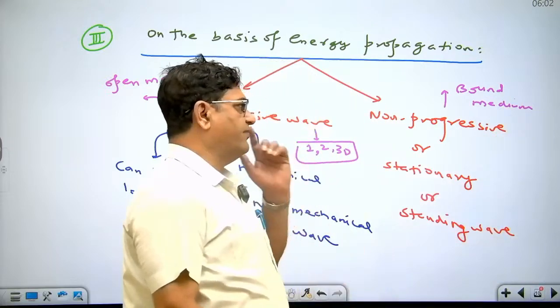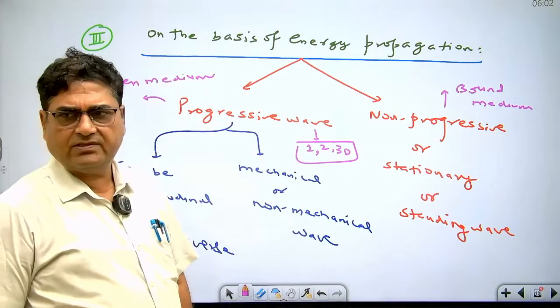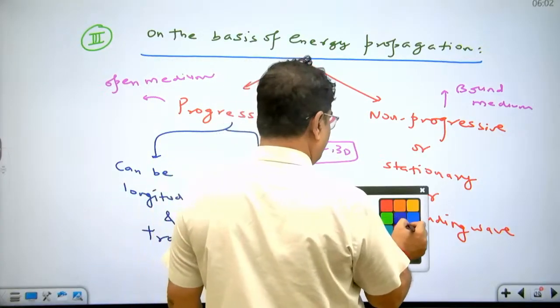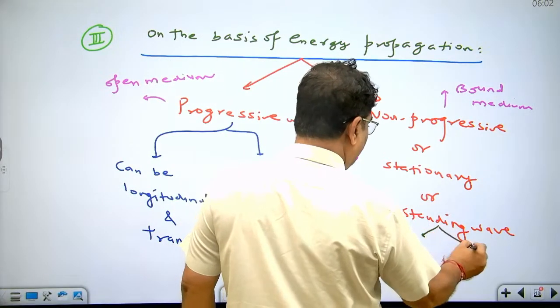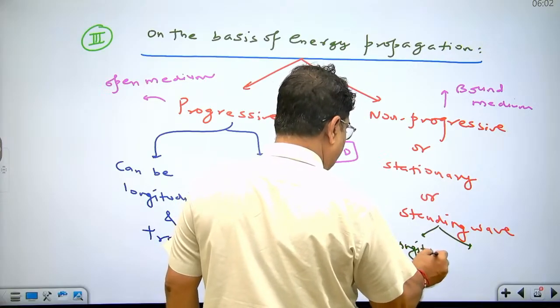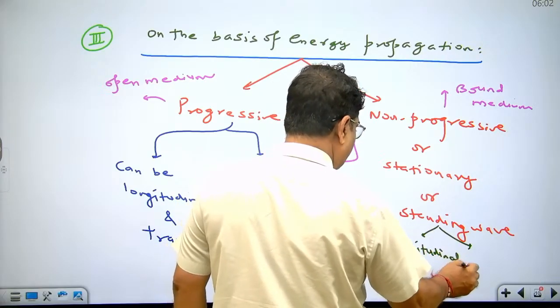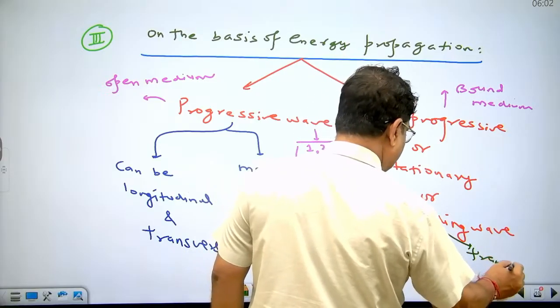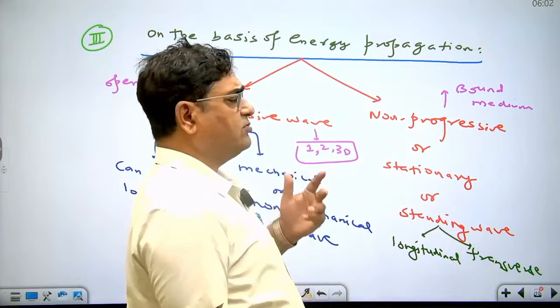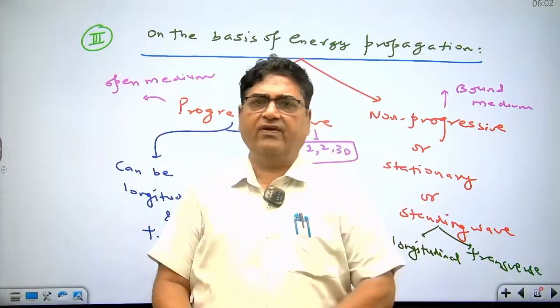The non-progressive wave can be longitudinal or transverse. So dear student, this was the third criteria of wave classification.